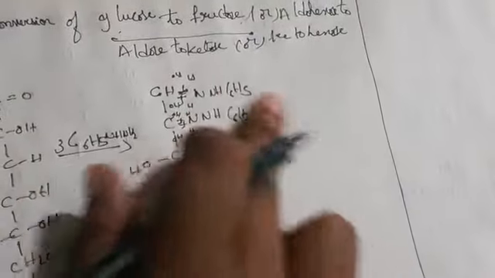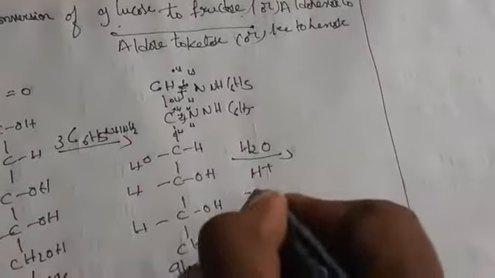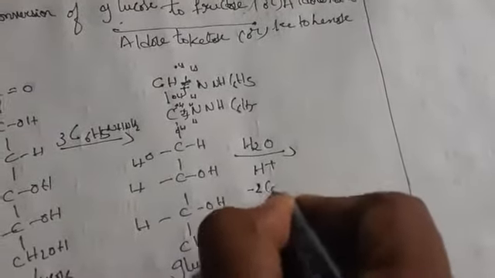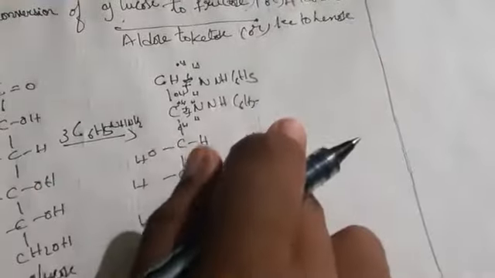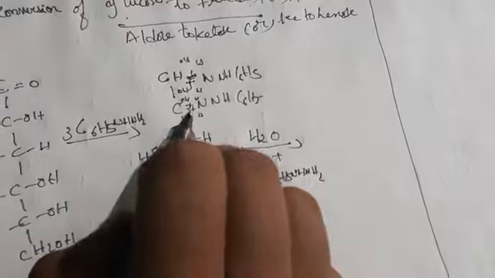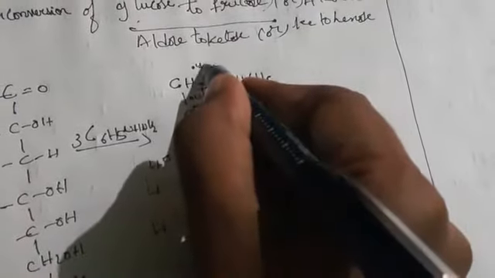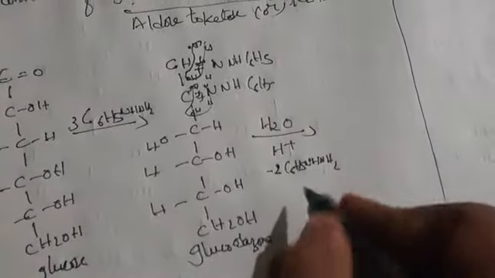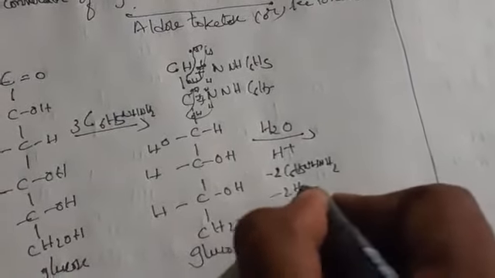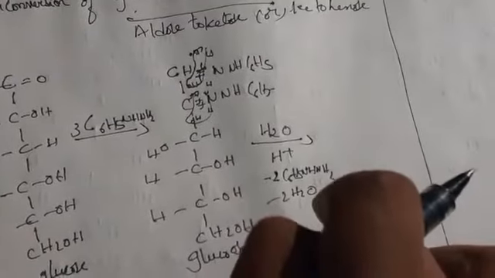It loses 2 moles of C6H5NH2, phenyl hydrazine, and again 3 moles. Still what remains here is OH, OH, so there will be loss of a water molecule, minus 2H2O.